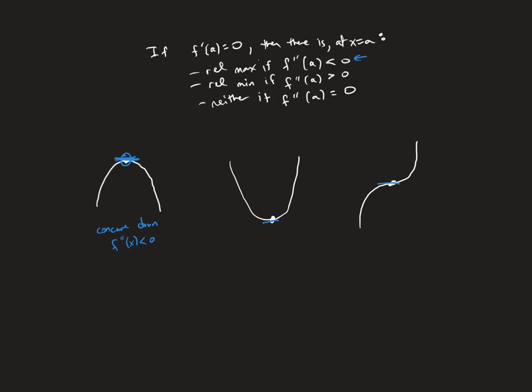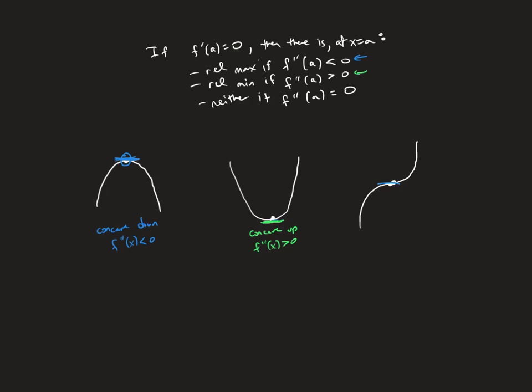And that's where that conclusion comes from. If you have a relative min and the slope is 0, you notice that the graph is concave up. And concave up is implied by the second derivative being greater than 0. That's a relative min, hence this statement.